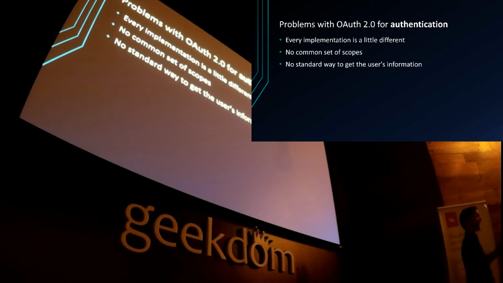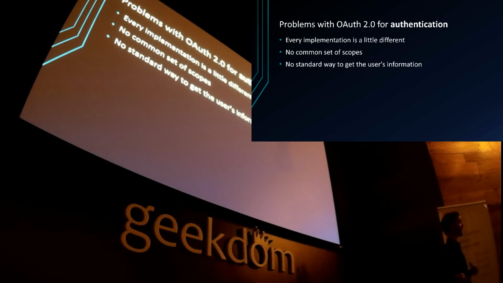Since OAuth is not an authentication protocol, it's an authorization protocol, it doesn't have any mechanism for letting the client know who the resource owner is. It just says, yep, they gave you permission, done. So there's no way to get the user's identity, and that's what you would need in an authentication scenario.